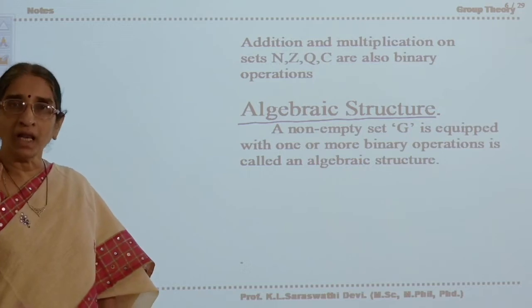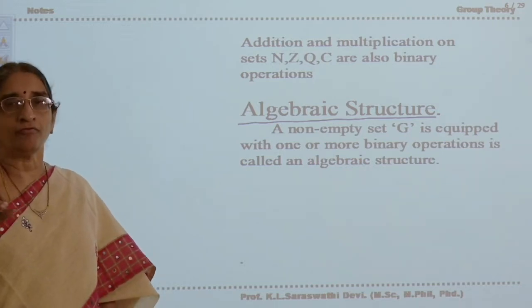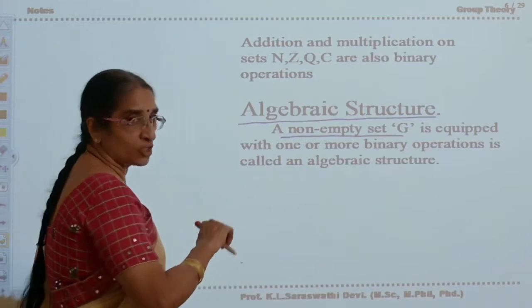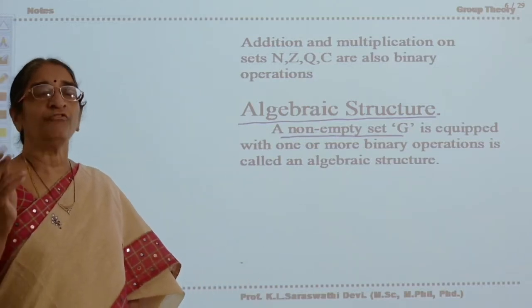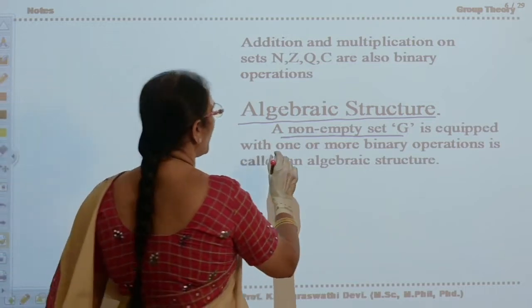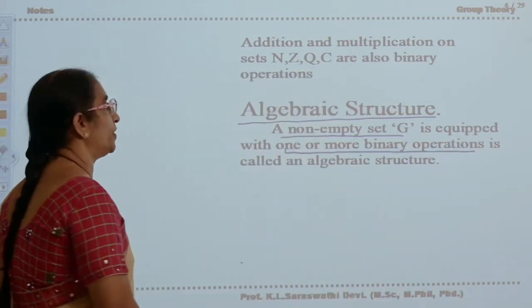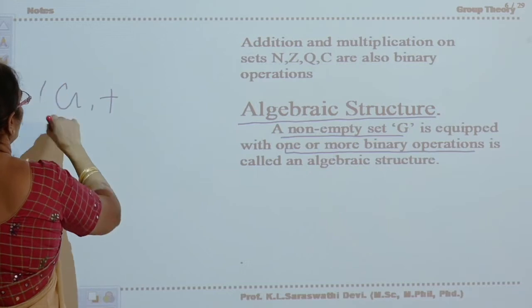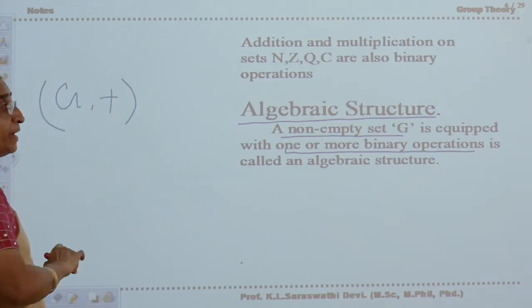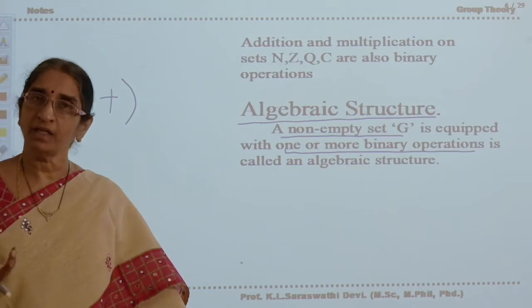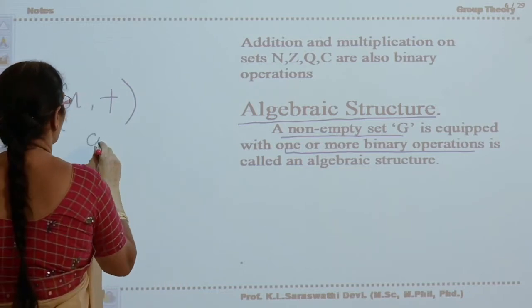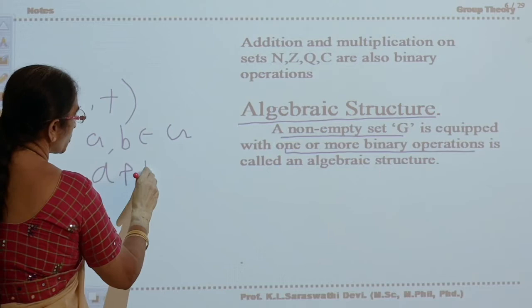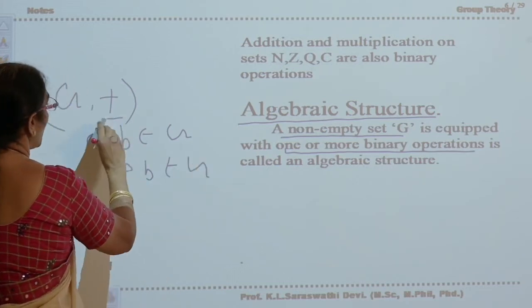Set means a collection of well-defined objects. Consider a non-empty set G. If it is equipped with one or more binary operations, say plus, then plus should be a binary operator on G. That means if a, b belong to G, a plus b should also belong to G. Then only plus is said to be a binary operator on G.